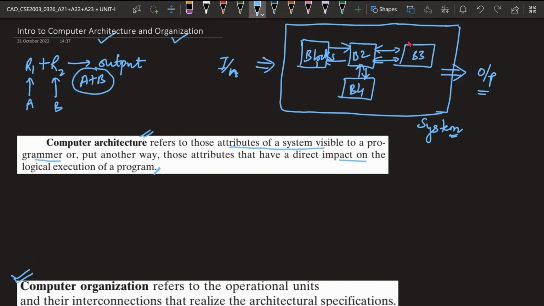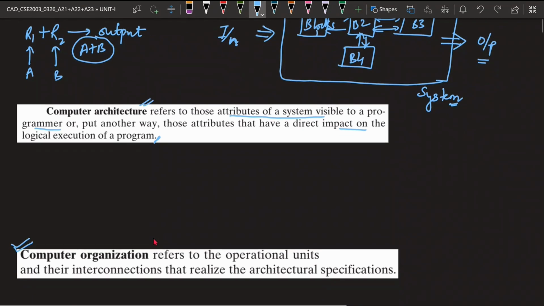If a system has different components, these components are connected with each other and organized in a specific manner so that they generate a particular output with respect to an input. So organization refers to the interconnection of these building blocks.